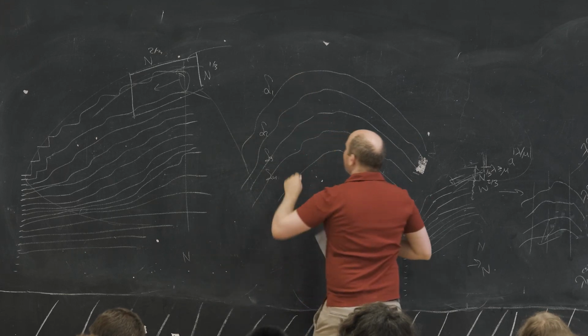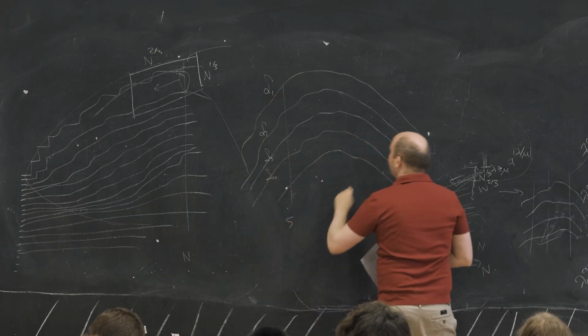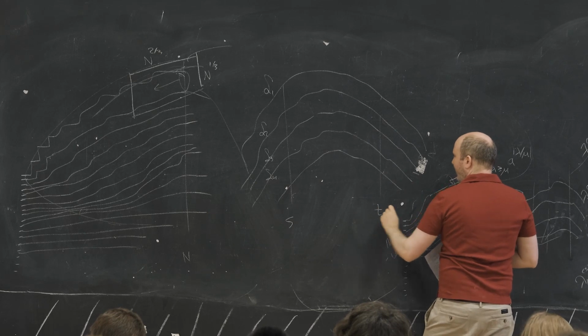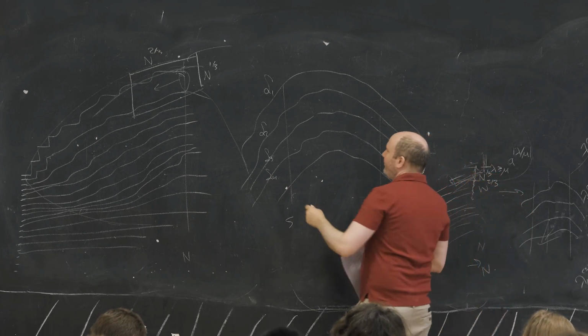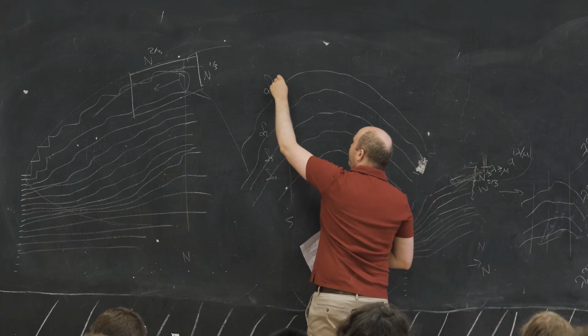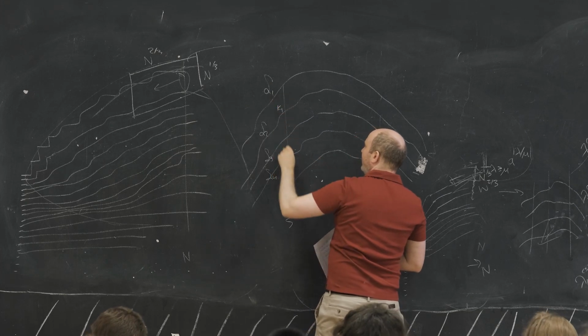So let's say that you fix some macroscopic times s and t, and you fix a level, say, k1 down to k2.